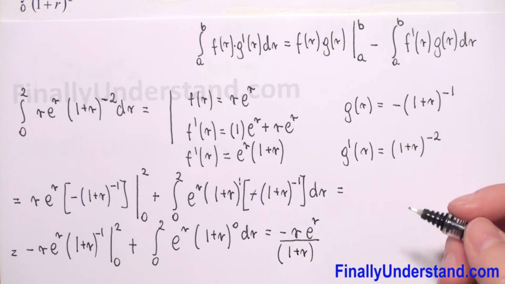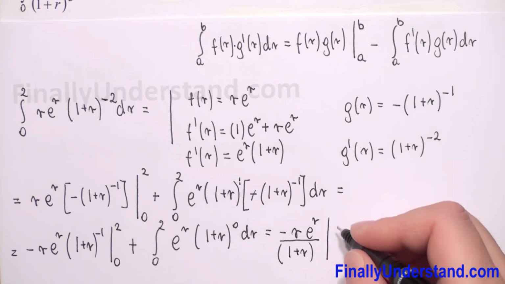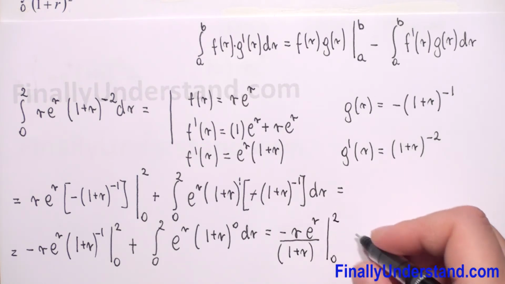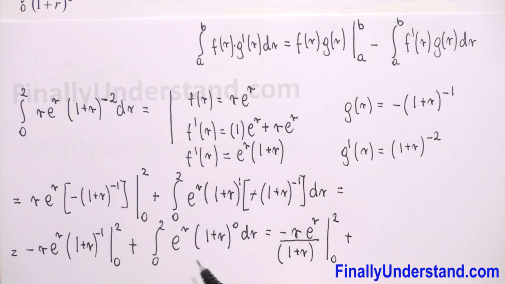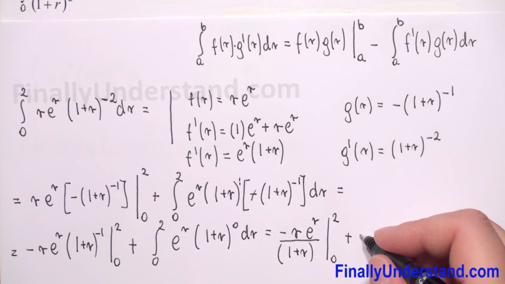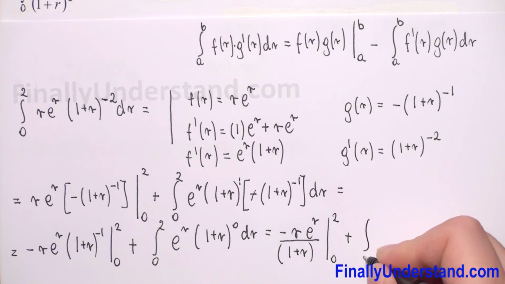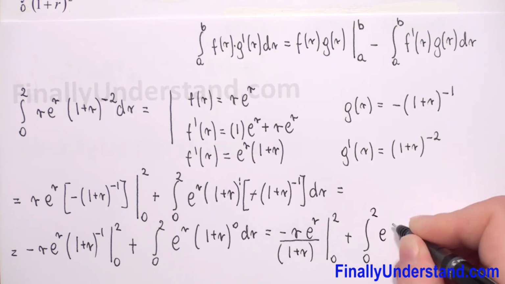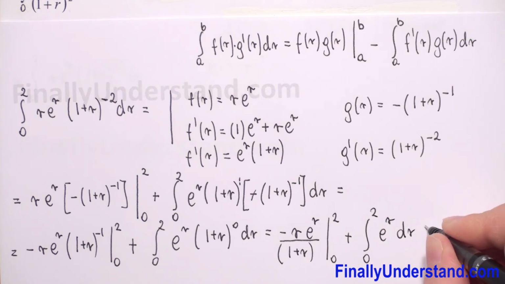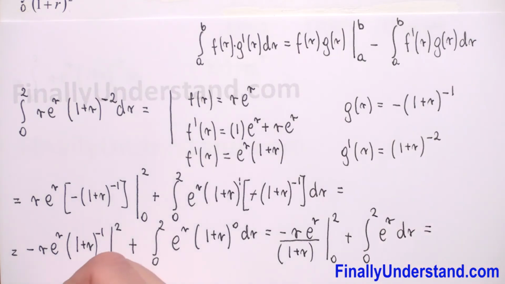To first power we don't need to write. We have limits from 0 to 2 plus, and now when we take 1 plus r to power 0, it will be 1. So we have the integral from 0 to 2 of e to power r only with respect to r.